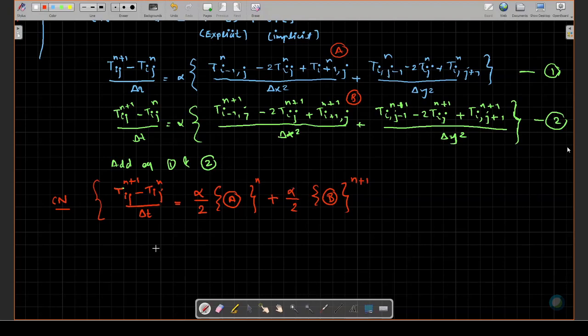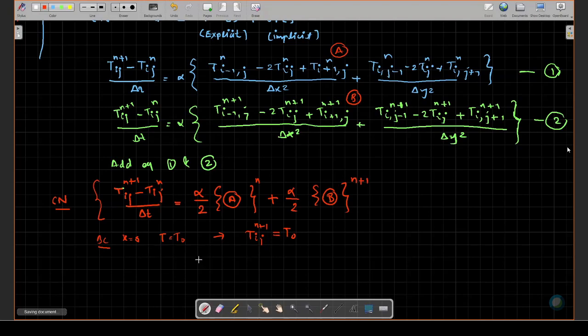Say for example, you have been given at x equals 0 a temperature value, some T naught. Then you will simply assign T_ij, and that too again at n plus 1. Same strategy. There is no different strategy for Crank-Nicolson. So this is like a Dirichlet boundary condition.